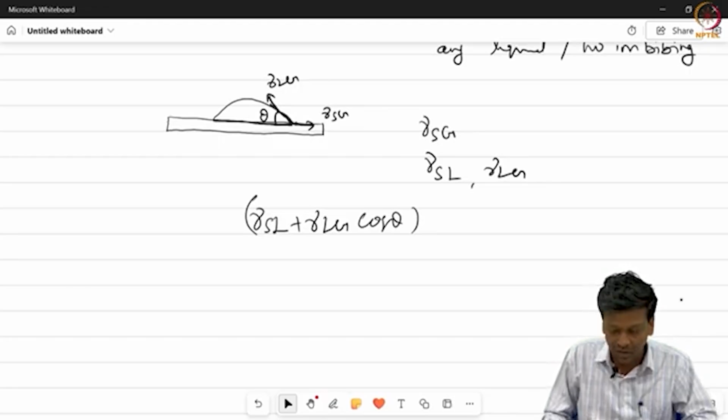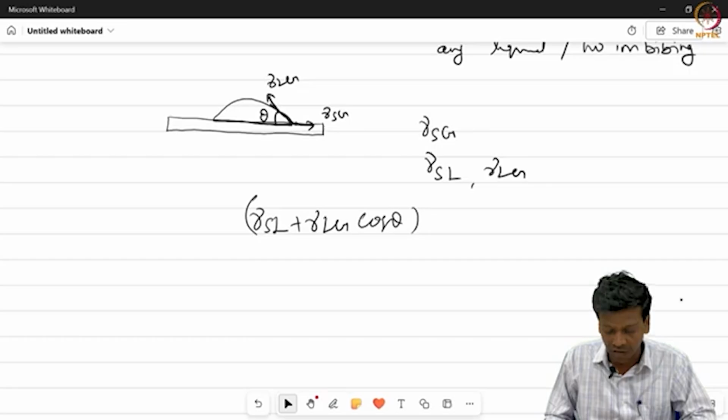On the other hand, gamma SG will try to oppose the spreading, because this won't expose maximum area to the gas, but when you try to spread the liquid, this particular force will try to oppose it. That's why there are two competitive forces, two counteracting forces in this case.